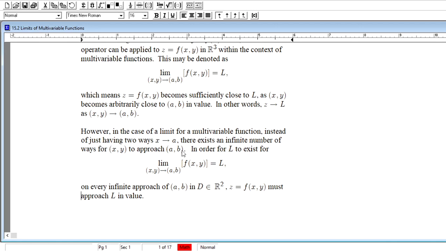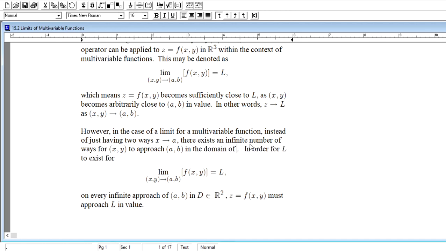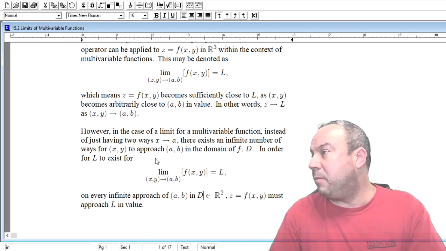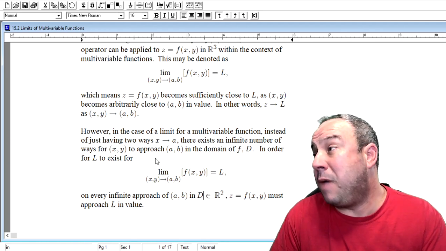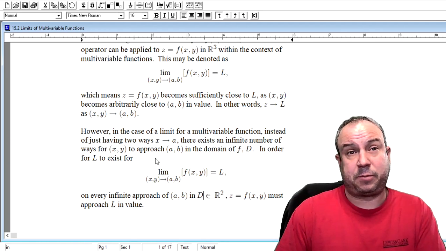And I should probably add one other place here. To approach a, b in the domain of function f, which we're going to denote as D. So let's add that little note there, folks, just because we do have to be approaching a, b within the domain of f, respectively.